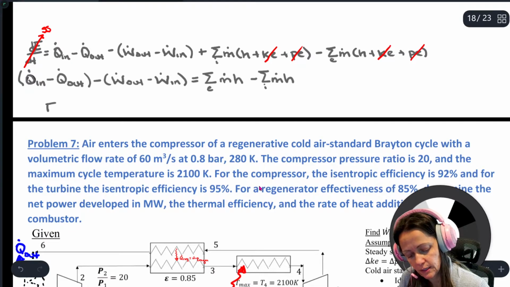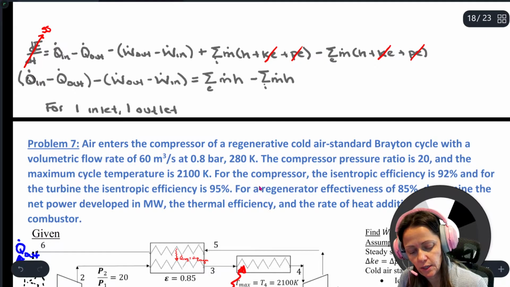And for a one inlet, one outlet control volume, I'm going to divide through by that m dot.